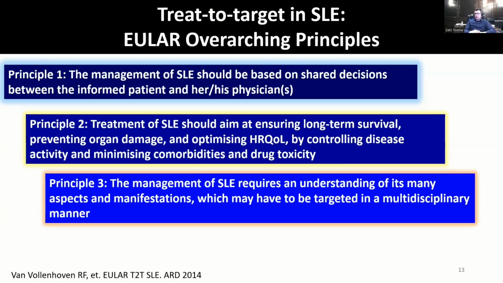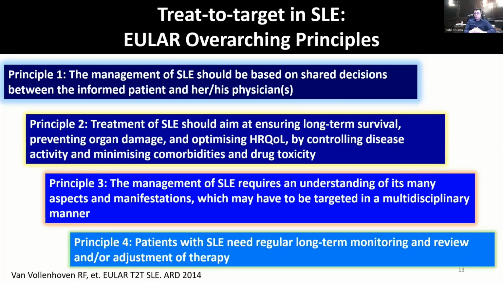The third principle, the management of lupus, requires an understanding of its many aspects and manifestations, which may have to be targeted in a multidisciplinary manner. And the fourth principle is that patients with lupus need regular long-term monitoring and review and/or adjustment of therapy.